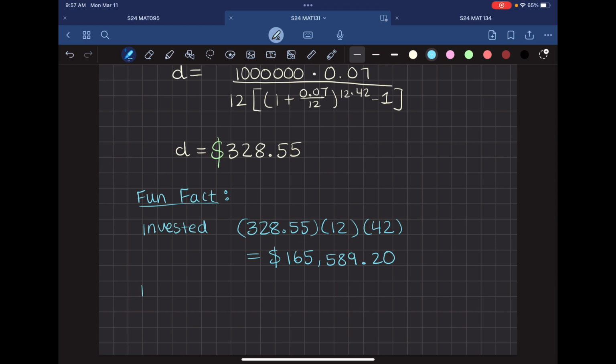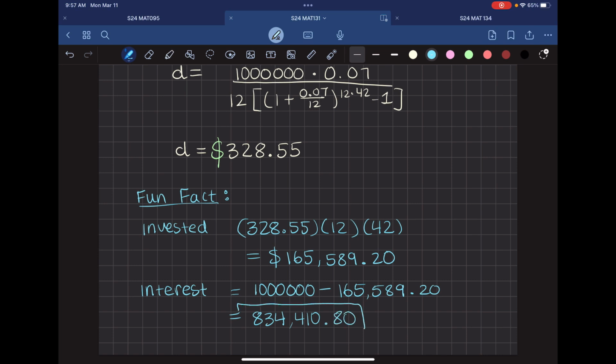So the interest that you earned would be equal to the $1 million, subtract off this $165,589.20, and it's $834,410.80. That's how much you earned in interest, right? So that's a lot, basically, for pre-planning.